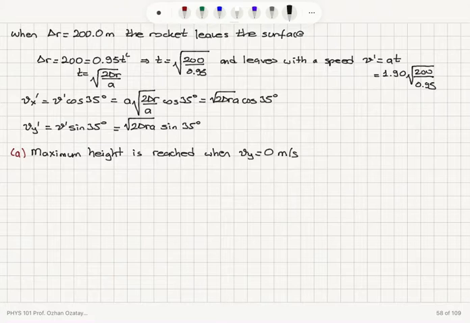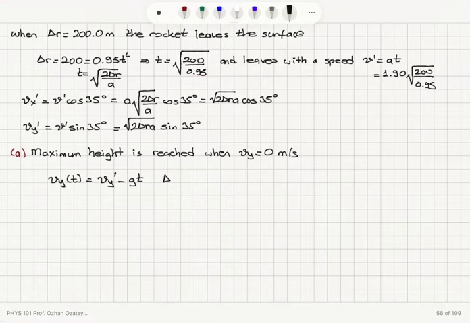So we need to know how Vy changes with time. Vy as a function of t is the initial velocity Vy prime minus gt, because now we're under the influence of gravity only.